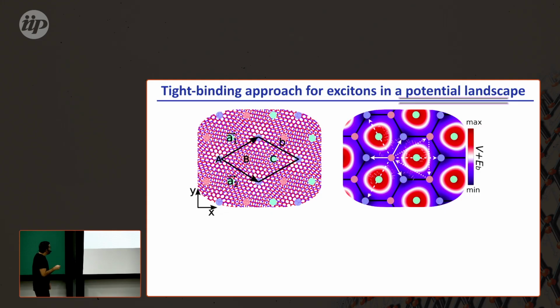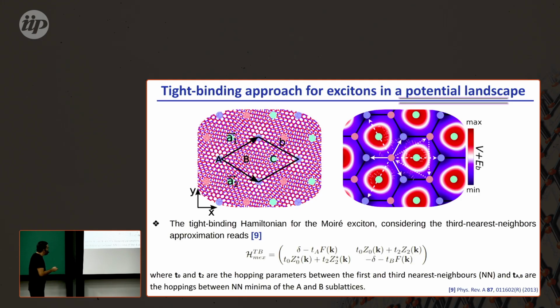So as I said, we have a twisted bilayer TMDs where each spot is viewed as a sublattice, and here are the first, the second, and the third nearest neighbor tight-binding hopping that is given in this PRA paper, and the parameters given in the size advantage paper, okay?